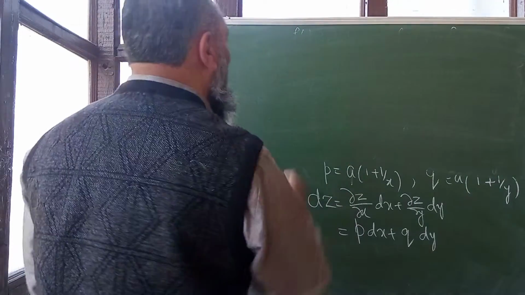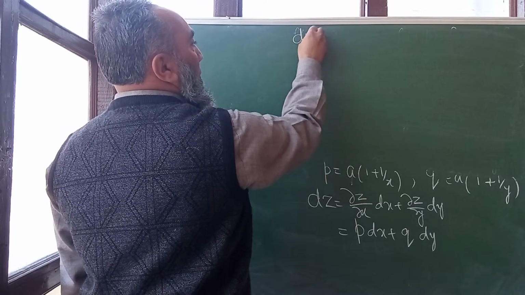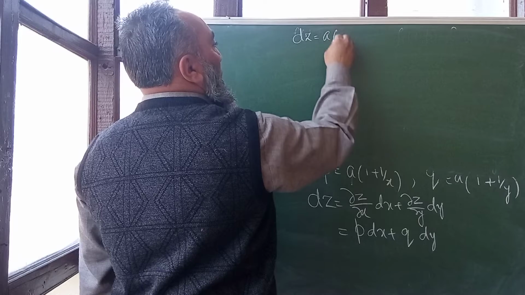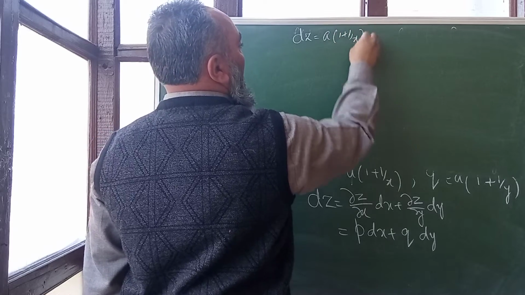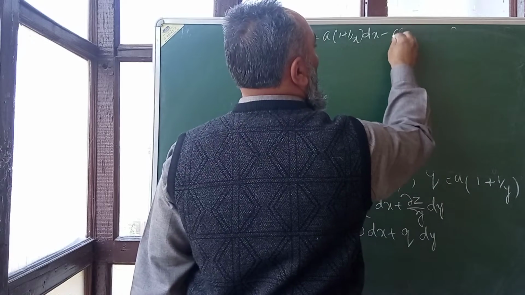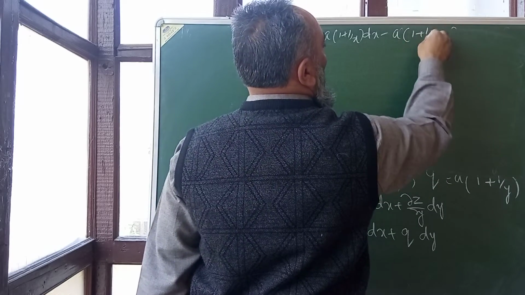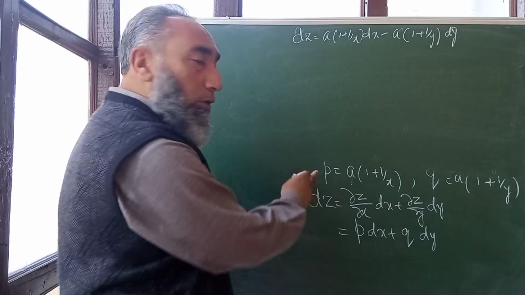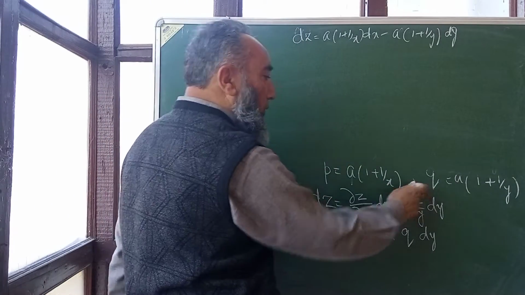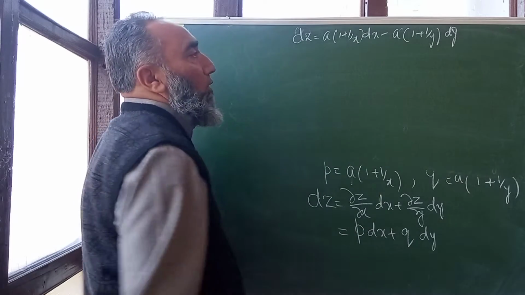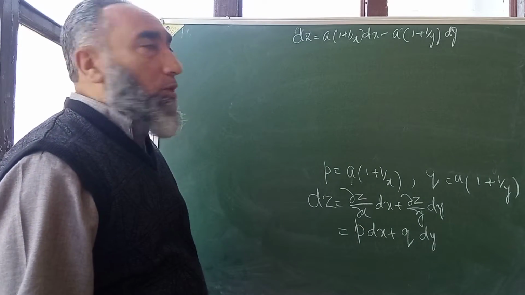So I have dz = p, what is p? a times (1 + 1/x) dx, what is q? minus a (1 + 1/y) dy. You have found p, you have found q, so dz is equal to p dx + q dy. So substituting for p and q, this is it.